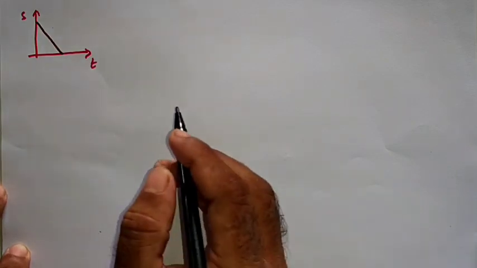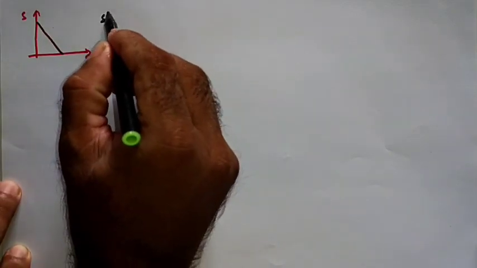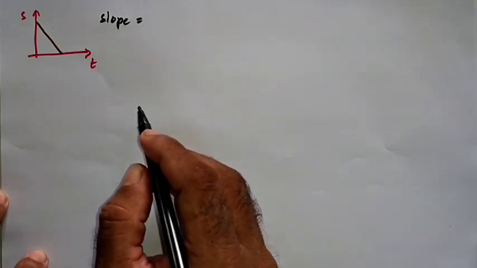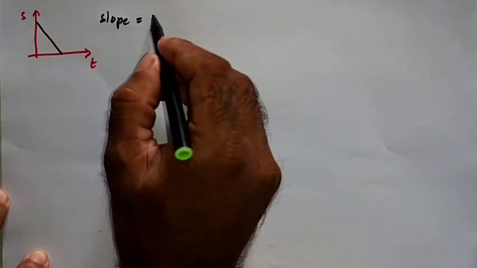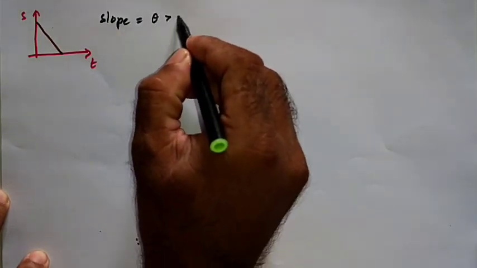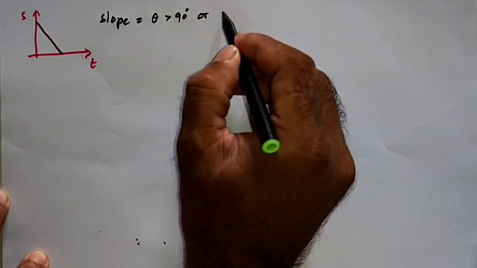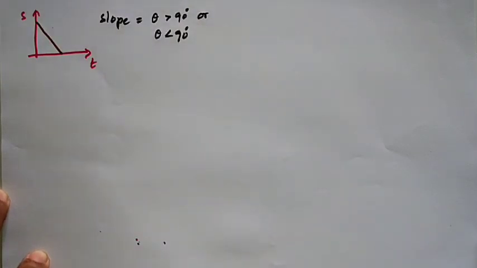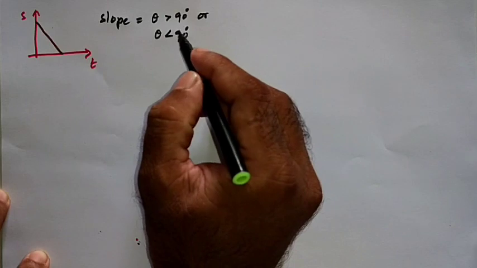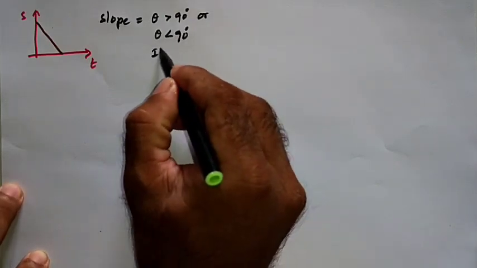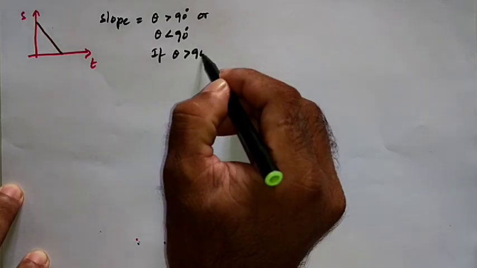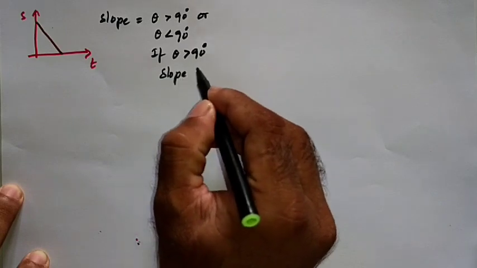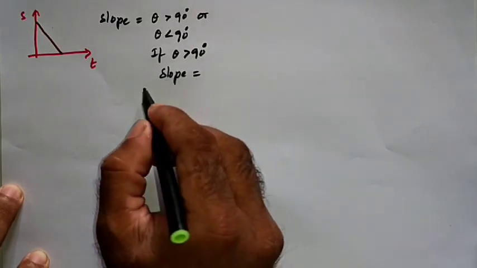Let us see first, what about the slope of the graph? Slope is nothing but tan theta. So is theta greater than 90 degrees or less than 90 degrees? If theta is greater than 90 degrees, then slope is, listen carefully, what?